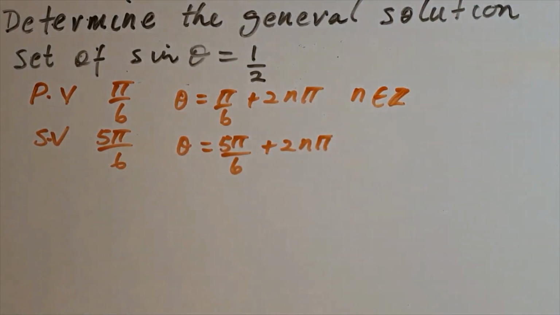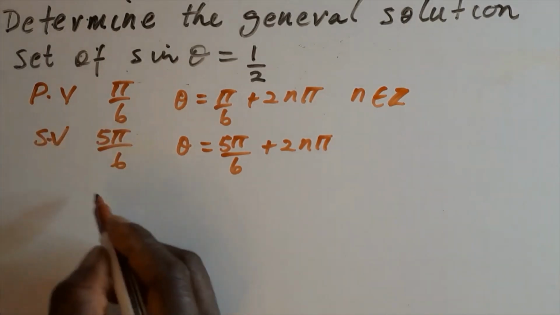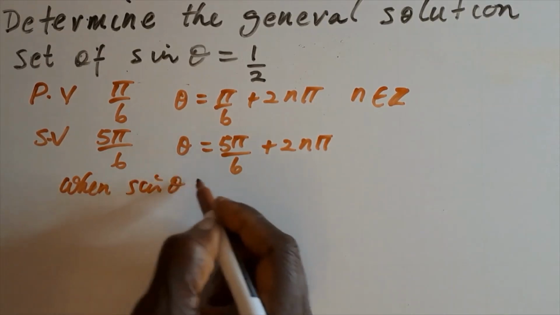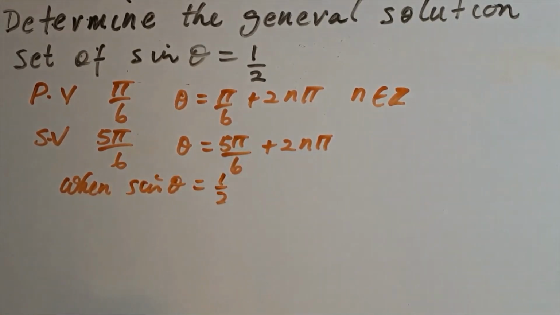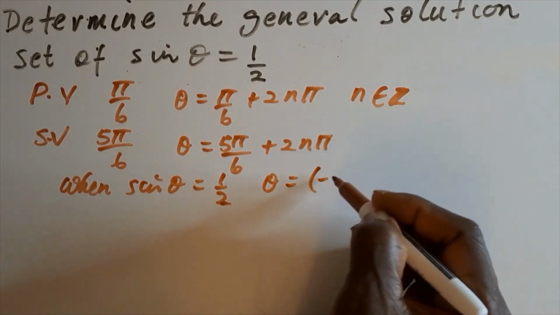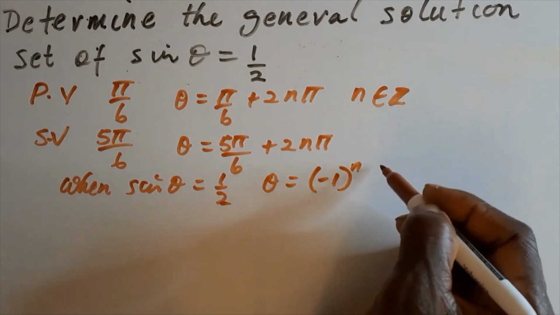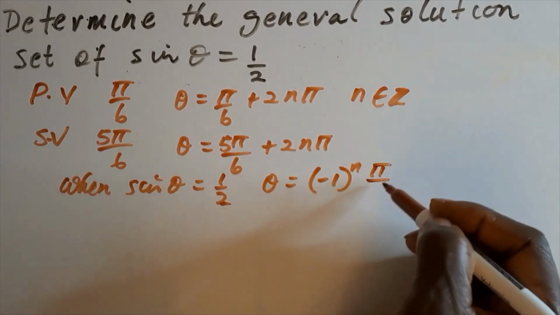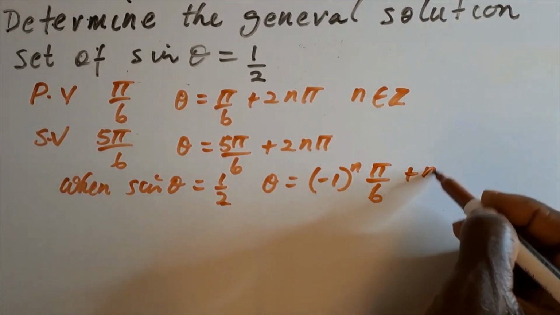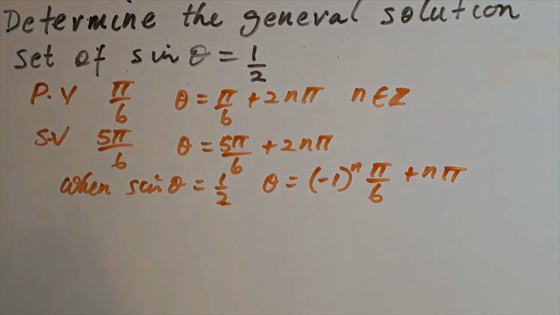Well, here's a more compact way of bringing together both of these results. When sine theta is equal to a half, we can write that theta is equal to minus 1 raised to the n power times pi over 6, so we're using the principal value, plus n pi, where n belongs to the set of integers.